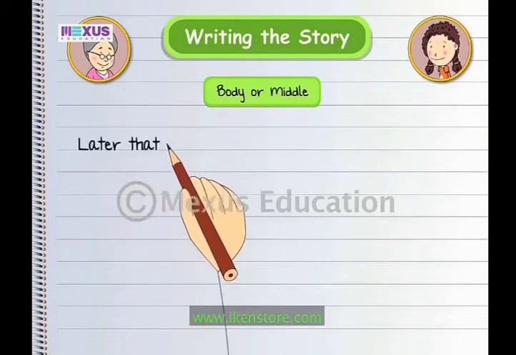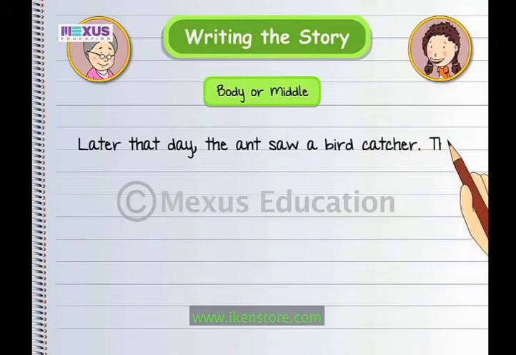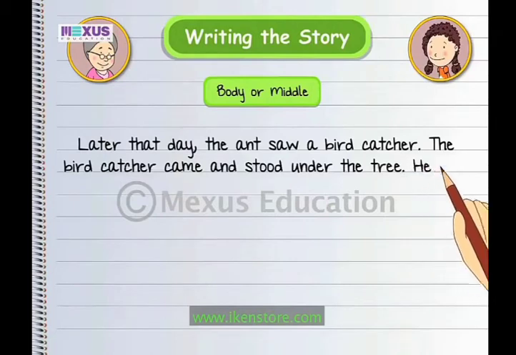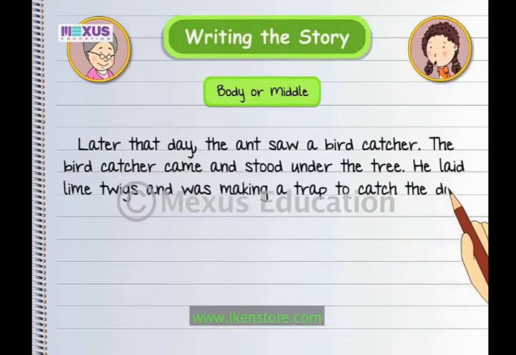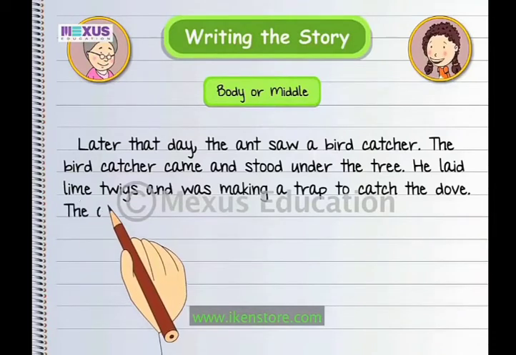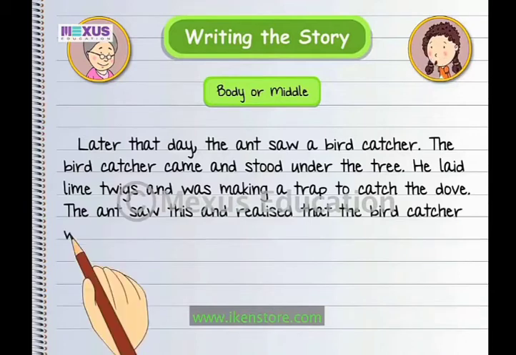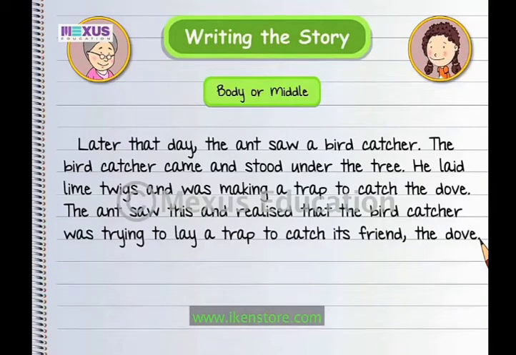Later that day, the ant saw a bird catcher. The bird catcher came and stood under the tree. He laid lime twigs and was making a trap to catch the dove. The ant saw this and realized that the bird catcher was trying to lay a trap to catch its friend the dove.